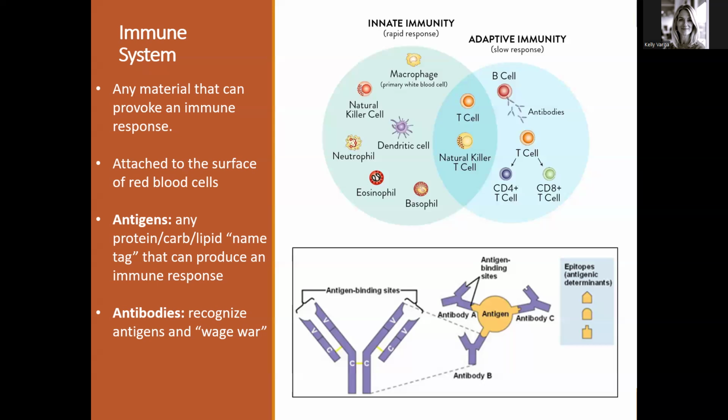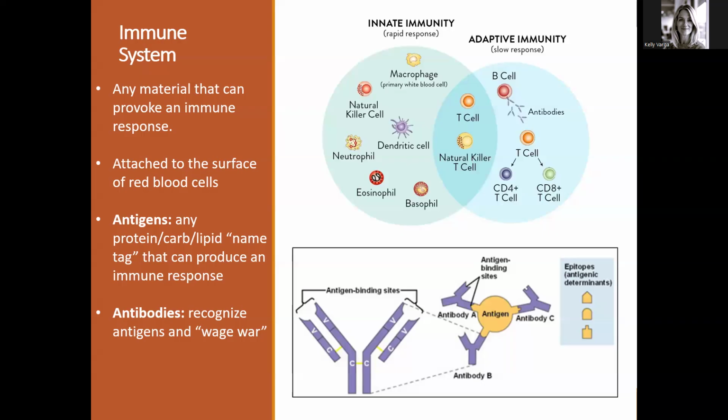It attaches to the surface of red blood cells, and it kind of hitches right through. And when we think about really what we're talking about as far as our immune system, we're talking about things like antigens and antibodies. So antigens are anything, a protein, a carb, a lipid, that is a name tag that can produce an immune response.